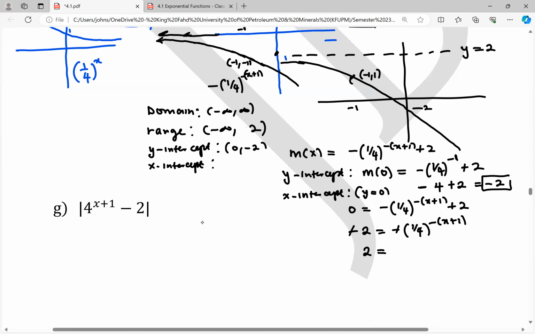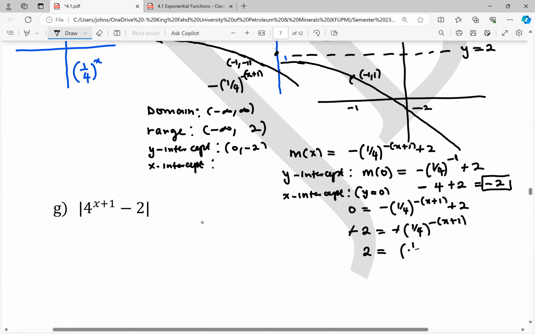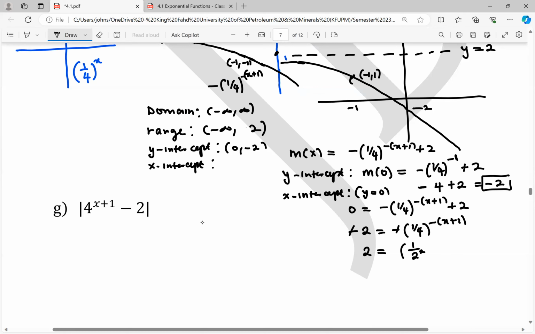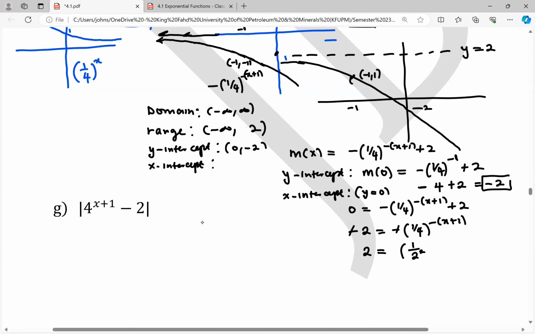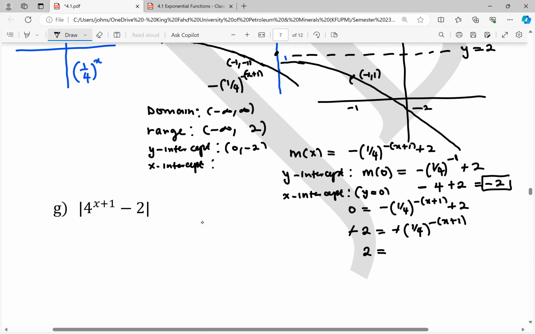Now, if you look at this, you can rewrite it because 1 over 4 we can write as 1 over 2 squared, right?